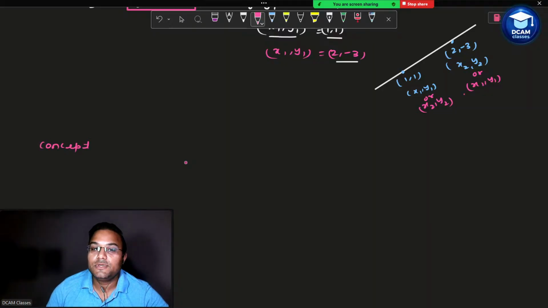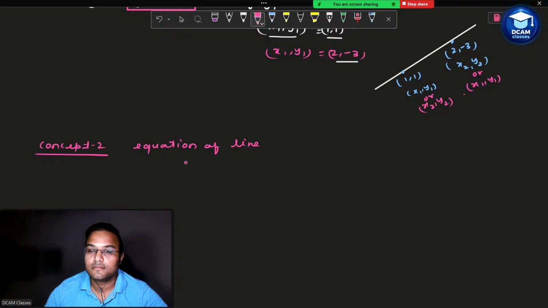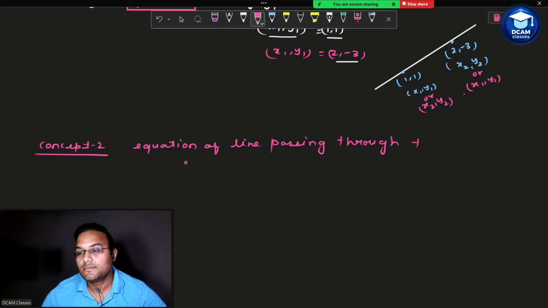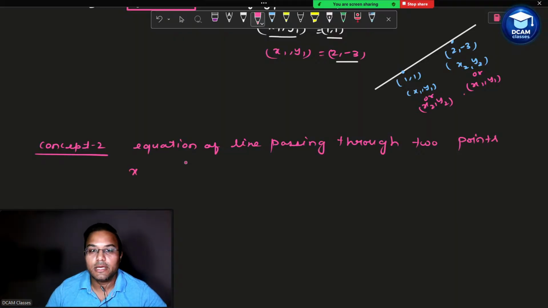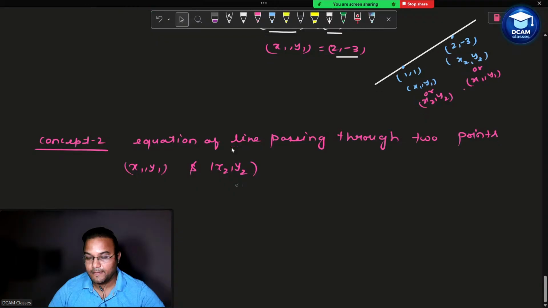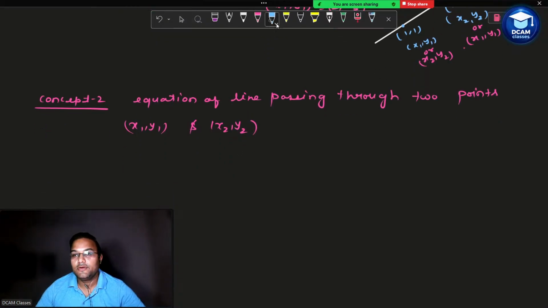Now see from here, actually I gave this as a question, but here comes your second concept. The concept 2 is the equation of a line passing through two points x1, y1 and x2, y2. Now can you tell me what will be the formula that I'm going to give you?